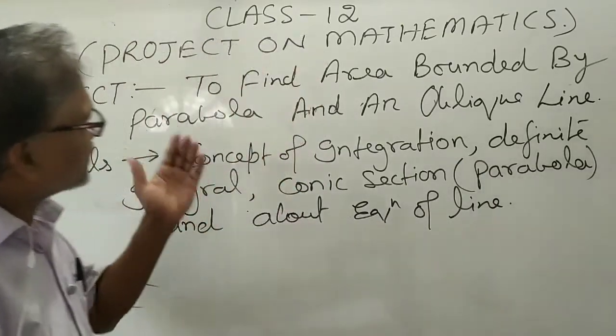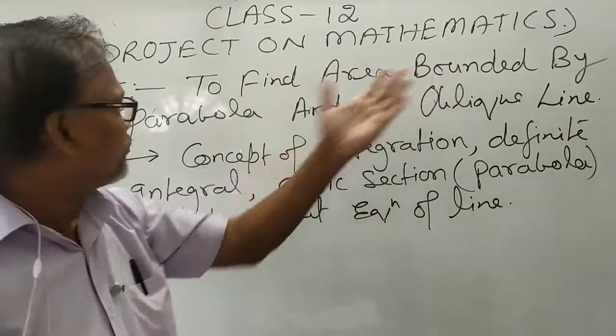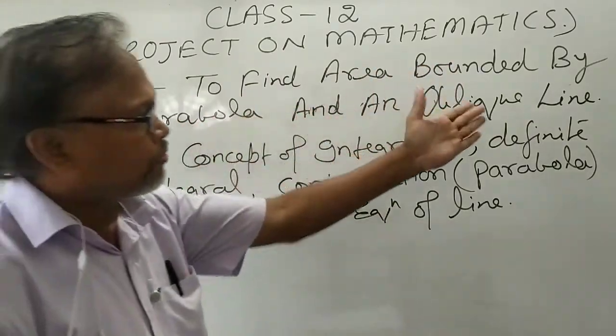Now the topic is to find the area bounded by the parabola and an oblique line.